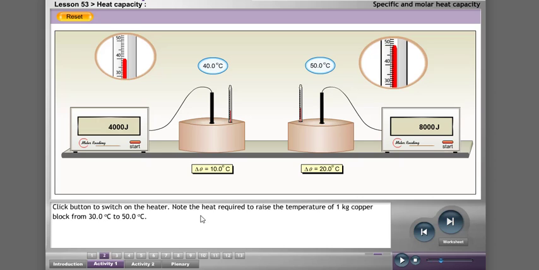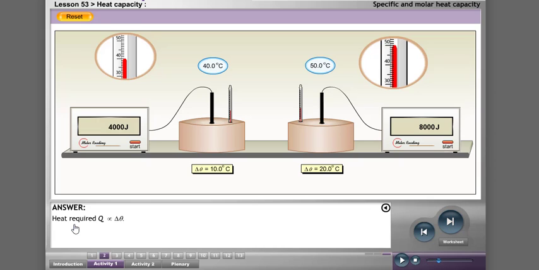Note the heat required to raise the temperature of 1 kilogram copper block from 30.0 degrees Celsius to 50.0 degrees Celsius. What is the relationship between the heat required Q and the increase in temperature delta theta of the copper block? Answer: heat required Q is directly proportional to delta theta.